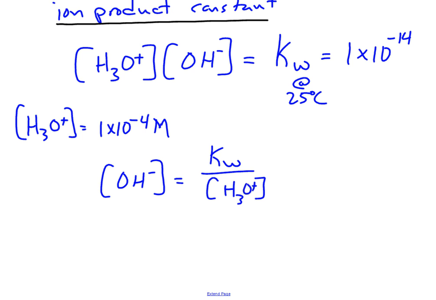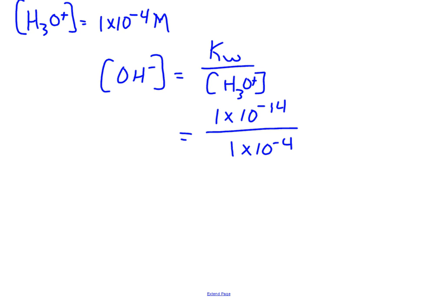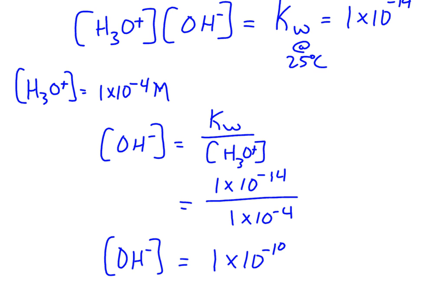We would have 1 times 10 to the minus 14th divided by 1 times 10 to the minus 4th, and that would give us 1 times 10 to the minus 10th for the OH minus concentration. So you can see that if you knew either one of those concentrations, you can figure out the other one. It's an important idea.